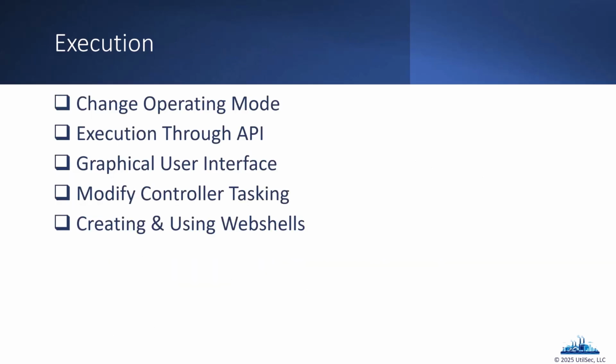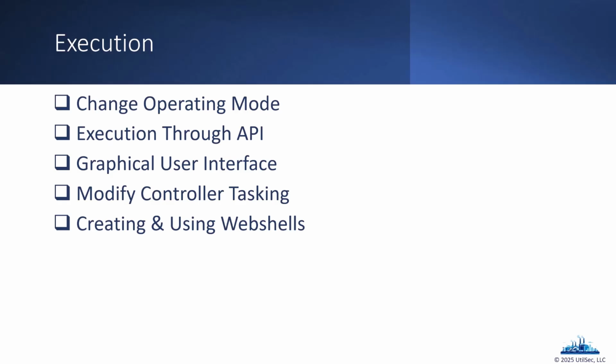So when we talk about execution, we're going to focus on these five different techniques that we see in MITRE ATT&CK. Of course, I mentioned previously, I warned you, we're going to talk about operating modes or operational modes. We're going to talk about how you can make changes through APIs. We see APIs pretty much everywhere in OT, just like we do in IT. Maybe not as much, but they're definitely there.